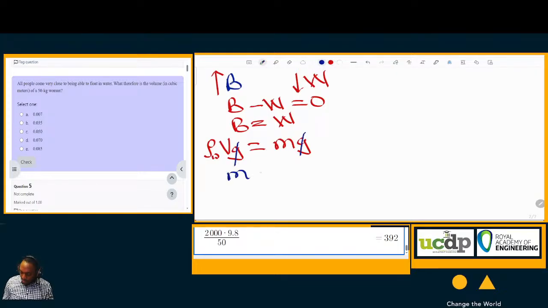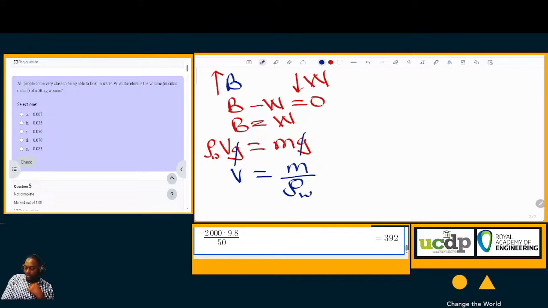We're looking for the volume, therefore the volume would be equal to the mass over the density of water.